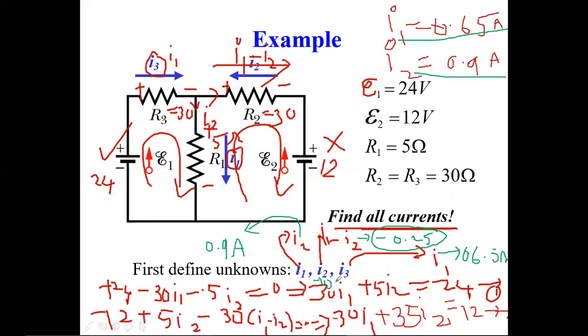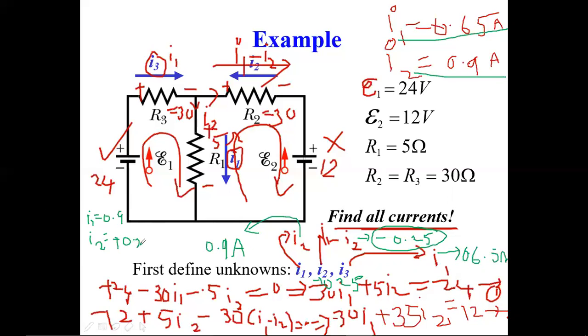Hence, let me write all the currents of this particular branch based on this. I1 is how much? 0.9. The value of I1 is 0.9. Then the value of I2 is, where is I2? From here, I2 is nothing but I1 minus, then 0.25, plus 0.25.